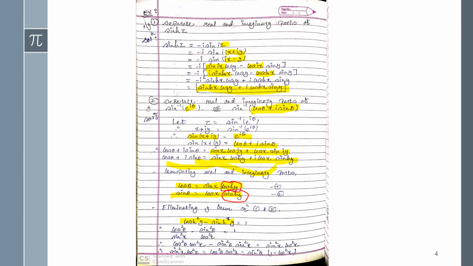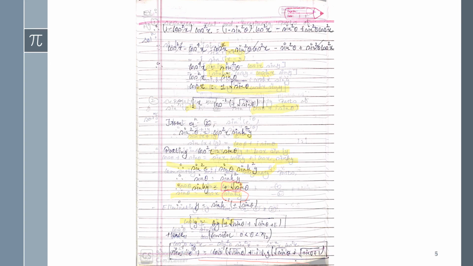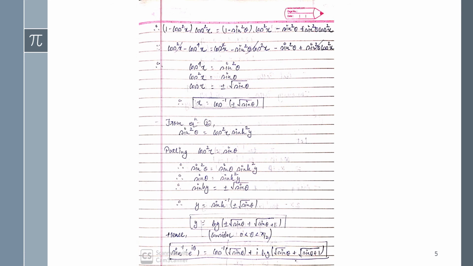Now doing the cross multiplication and simplification, you will get this term. Here you only have to simplify, and we convert whatever cos terms we get into sine form. Next, again doing the simplification, I have found the value of x, and x is coming cos inverse of plus or minus under root sin theta.